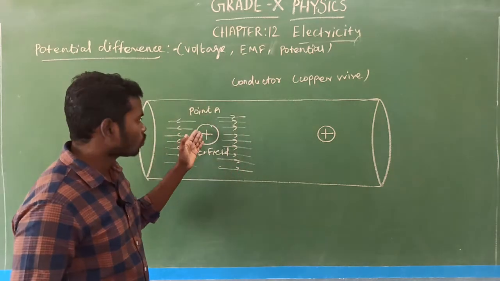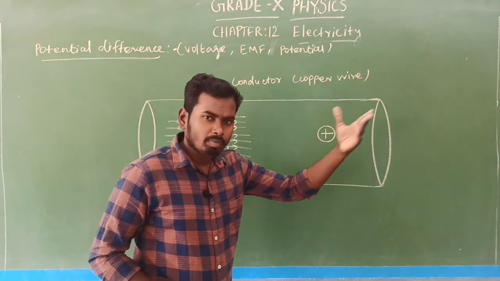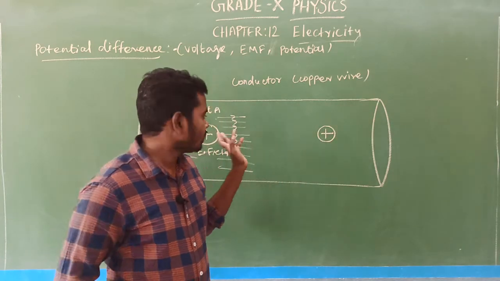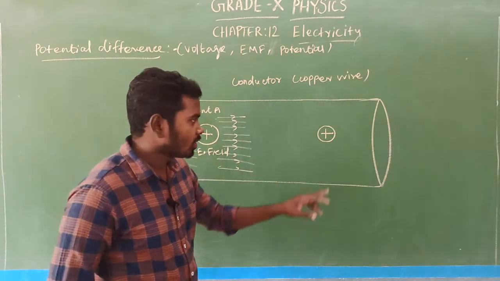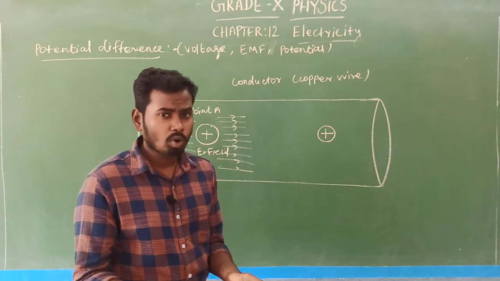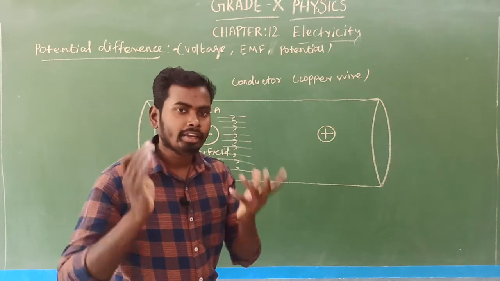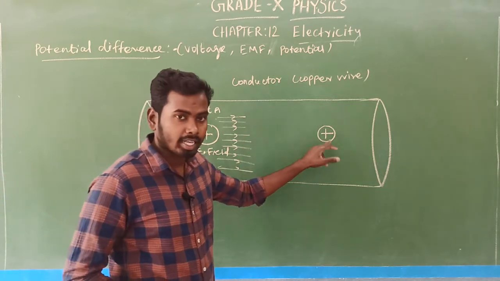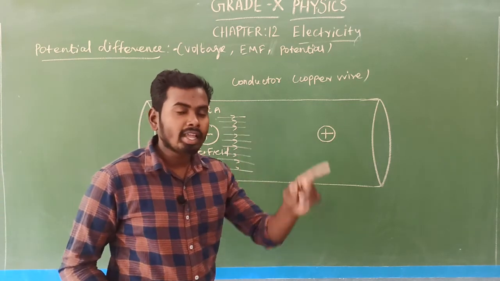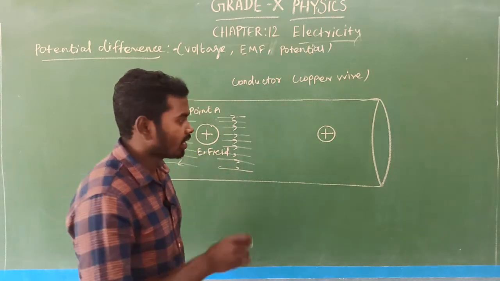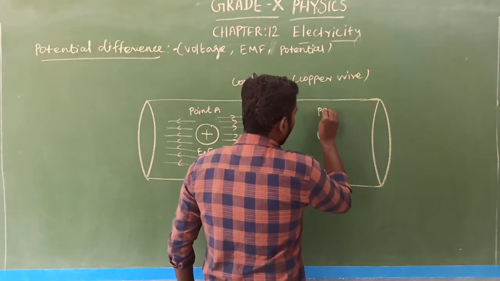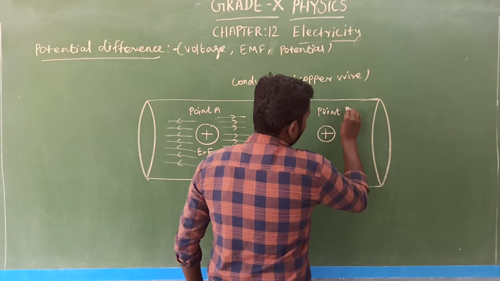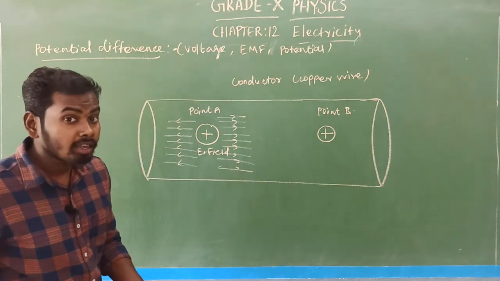It can be very close to this point or some known distance from this point, but not at infinity. Is it clear? Like here, consider this is point B.